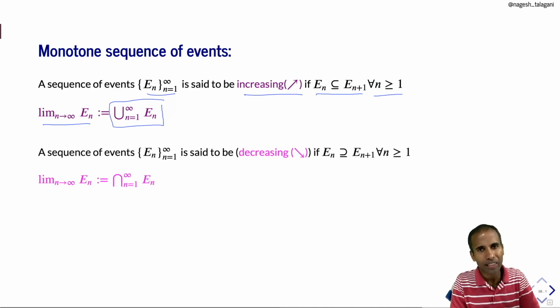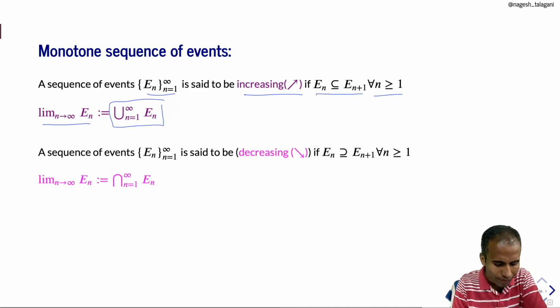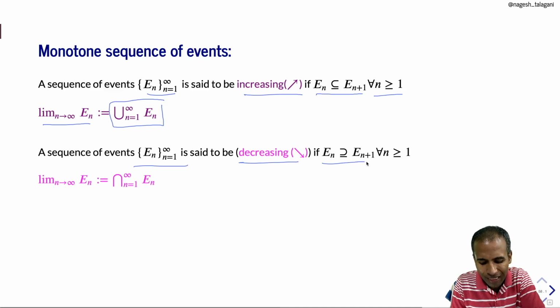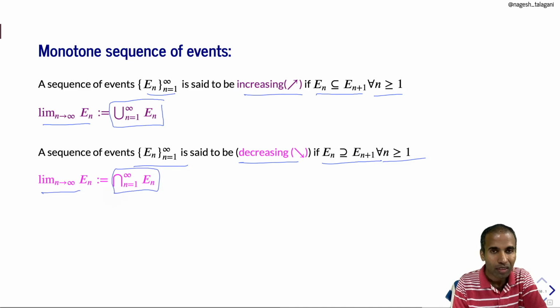Similarly, we define a decreasing sequence of events. A sequence of events En is said to be decreasing if En contains En plus 1 for all n. In this case, limit En is defined to be the intersection for n equal to 1 to infinity of En. This is what we mean by limit En in the decreasing case.